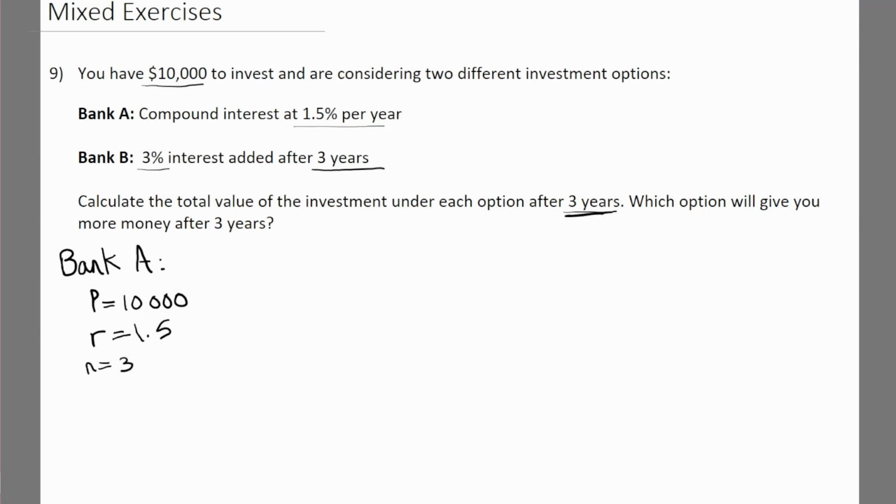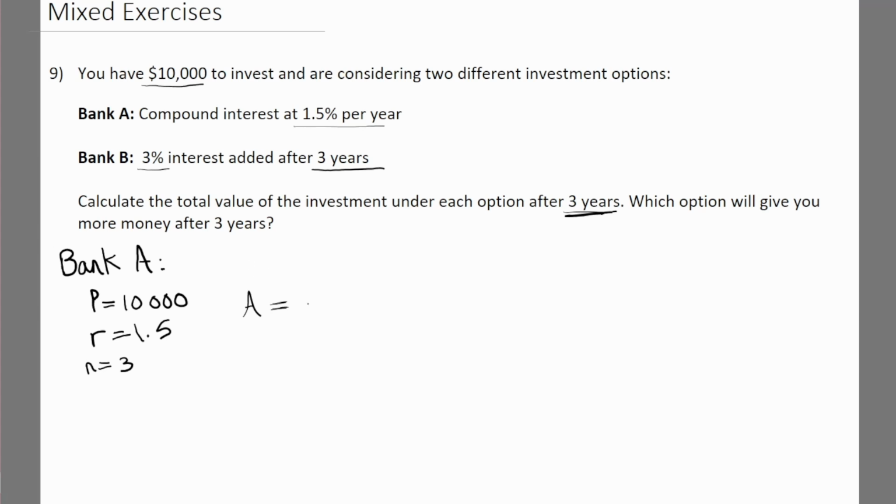Using this information, we can simply find the final amount. By the way, it doesn't matter what letters you use. The examiner does not care about what letters you use, as long as you understand that this will be the final amount. You can put F for all I care. It doesn't matter.